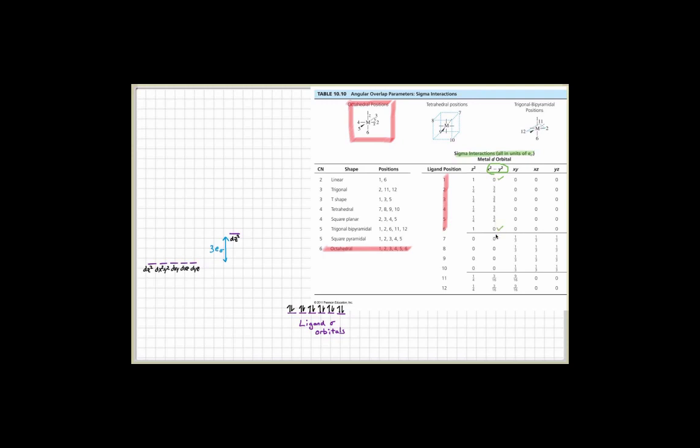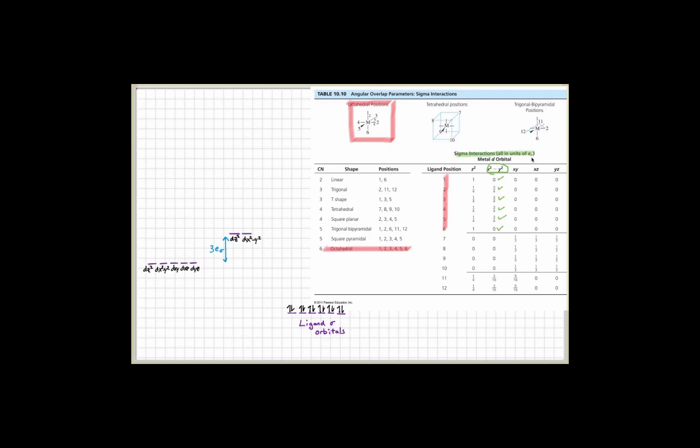The same for ligand position 6. But ligand positions 2 through 5 contribute 3/4 each in units of E sigma. And so adding those together gives you 3 E sigma, and so the dx squared minus y squared is raised by the same amount, 3 E sub sigma.